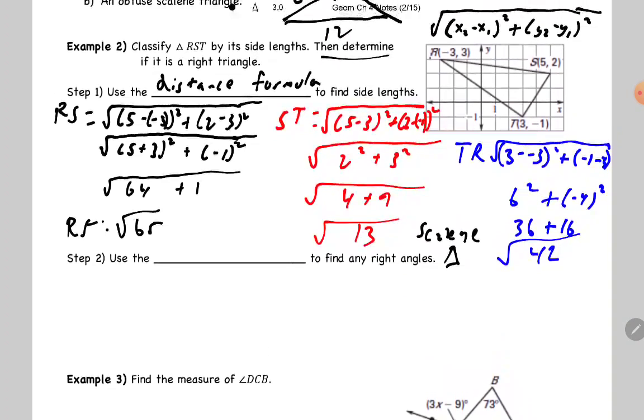We need a right angle, so we need to use the slope formula to see if any of these slopes are perpendicular to each other. So slope, remember, is y2 minus y1 over x2 minus x1. Let's do the slope of RT.